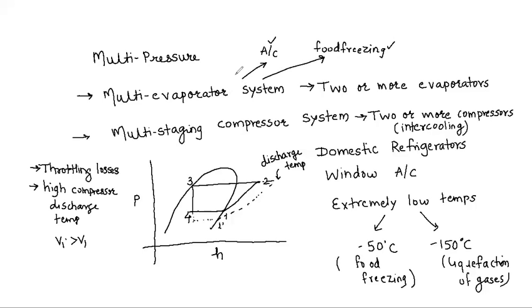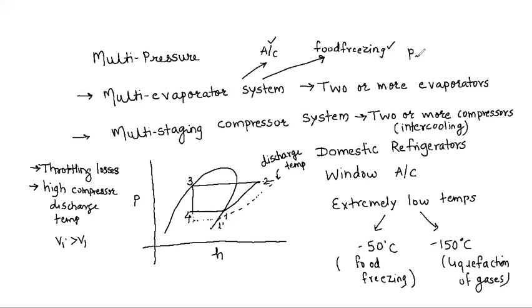So we need to be very clear that multi-pressure systems are used when we are encountering a higher pressure ratio. By pressure ratio, I mean the condenser pressure upon the evaporator pressure.